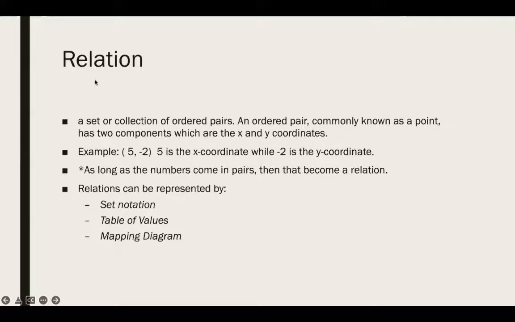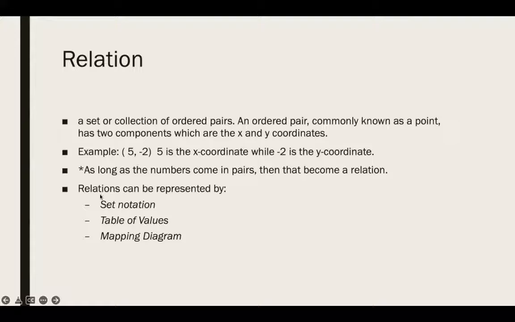To start, let's define a relation. According to some sources, a relation is a set or collection of ordered pairs. An ordered pair, commonly known as a point, especially in the Cartesian coordinate plane, has two components: your x coordinate and your y coordinate.